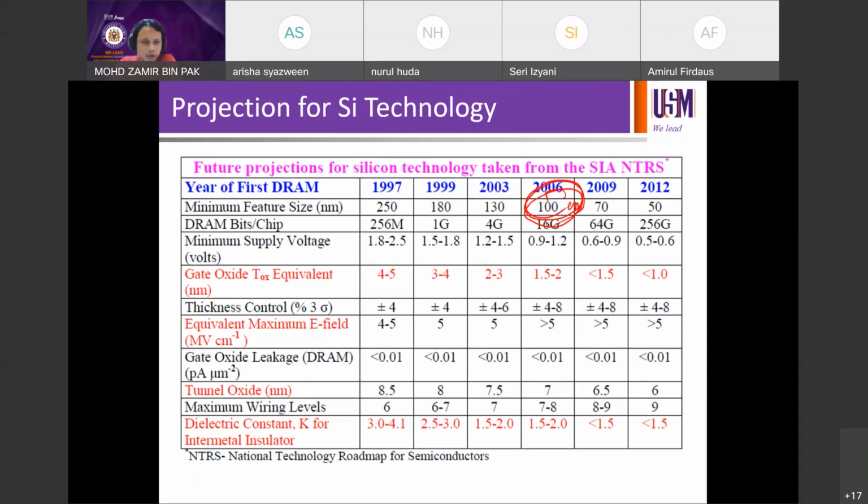Okay, so if you look at the gate oxide, for example, the evolution was 4 nanometer back in the 90s, down to around 1-2 nanometer. Okay, so the maximum field strength that it can endure has to be 5 megavolt per cm. On the analog side, you can look at other parameters as well.